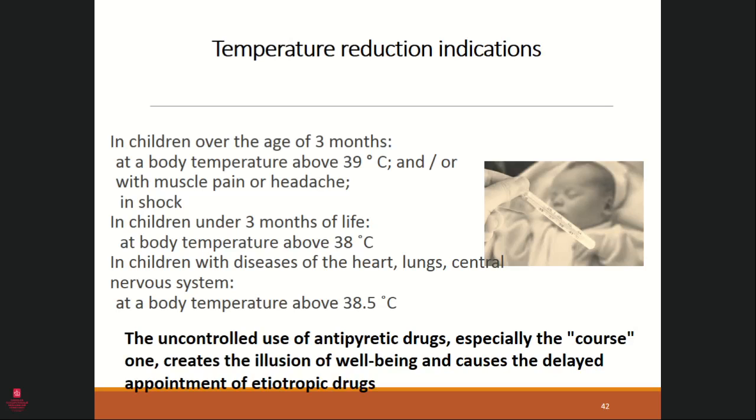There are two main drugs, paracetamol and ibuprofen, which must be calculated per kilogram of weight. During the day, the child can be given antipyretic medicine no more than 5 times, that is, with an interval of 6 hours.